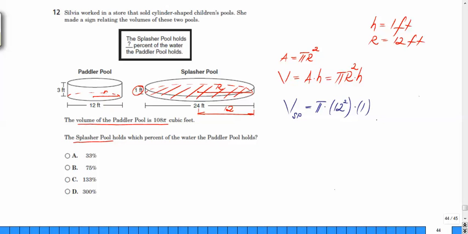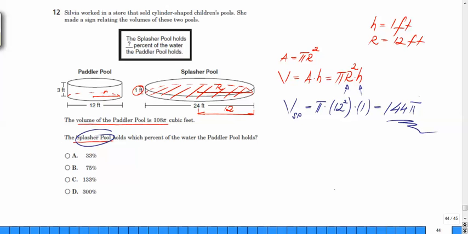I'm going to use parentheses in here, although not necessary, just for you guys to understand that this one is the radius and that one is the height. And now we know that 12 squared is 144, times 1 is still 144, multiplied by pi. And that's the volume of your splasher pool.